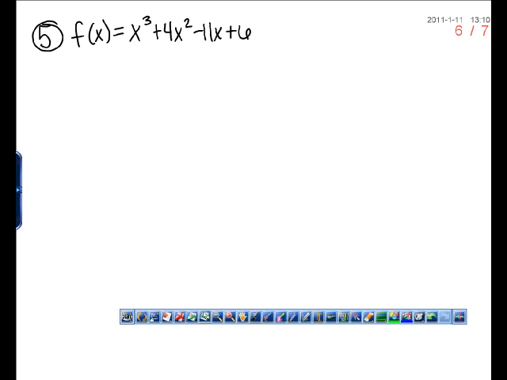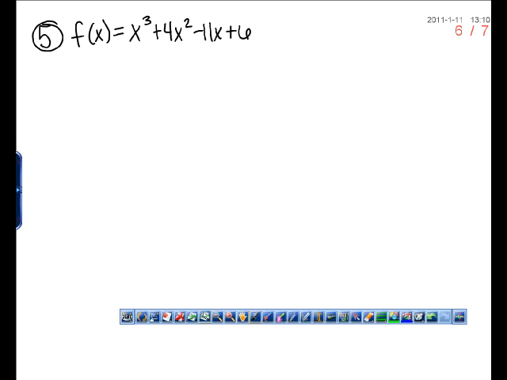x cubed plus 4x squared minus 11x plus 6. So, if we don't have any hints, what do we start listing out?